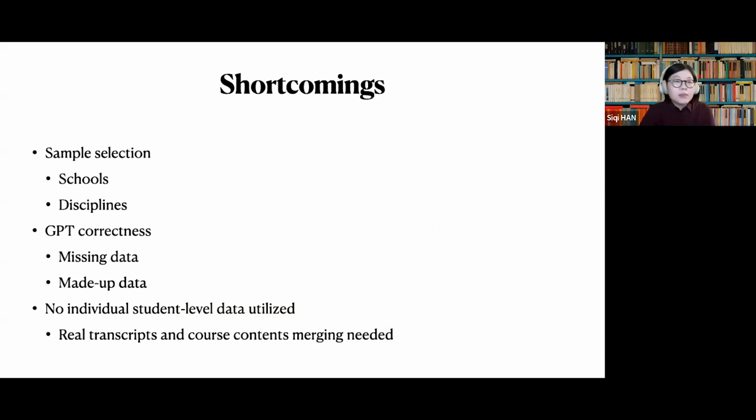Why did we not study more disciplines? That is because in different schools, they always name their programs slightly differently. So maybe here it is called biostatistics, and there it is called biochemistry and statistics, and so on.